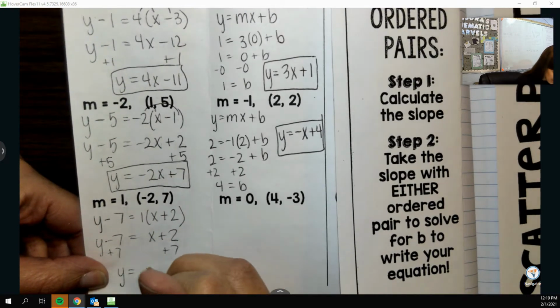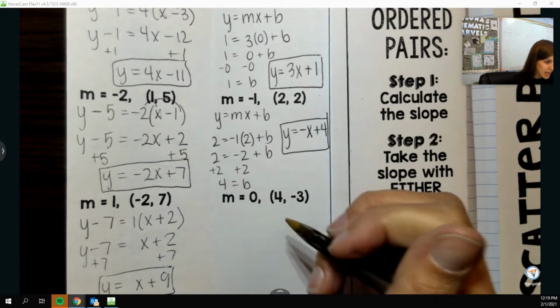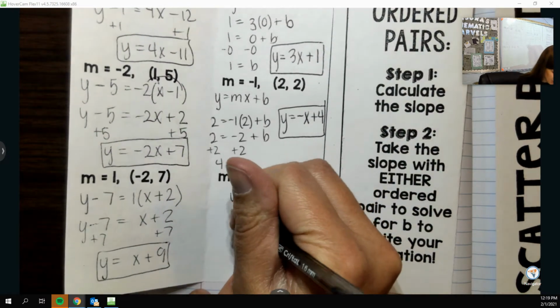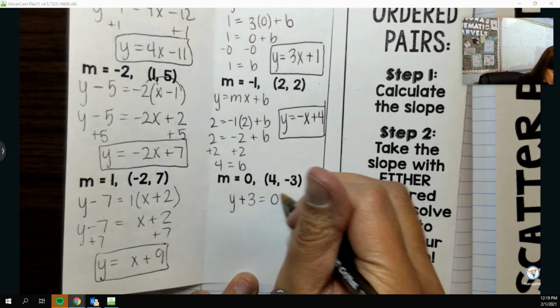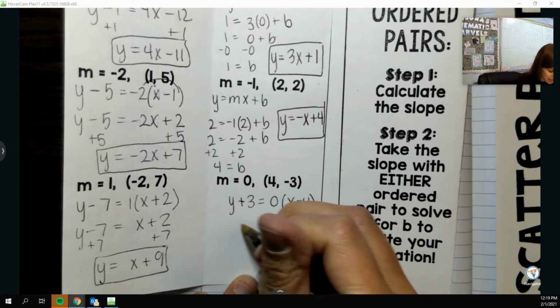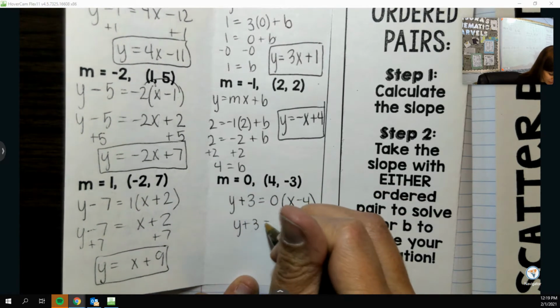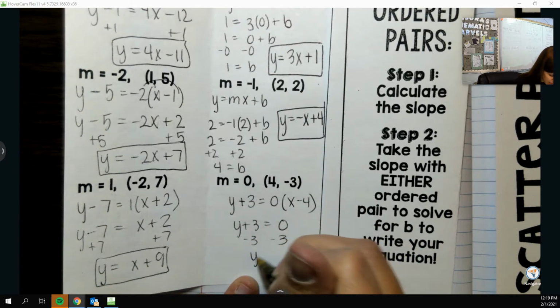So we'd have y equals x plus 9. And then on this last one here, we'd have y minus y, which will make it a plus, equals 0 times x minus x. And 0 times anything is 0. And then I'd want to get y alone. So we'd have y equals negative 3.